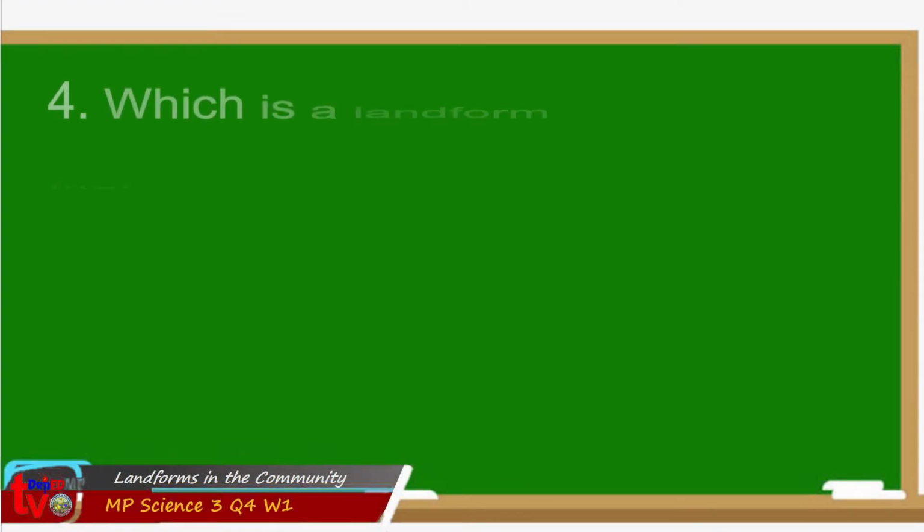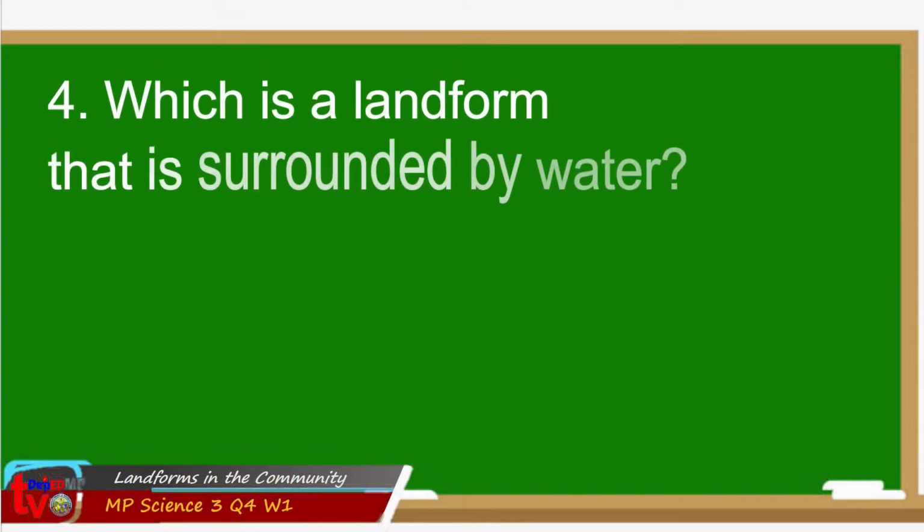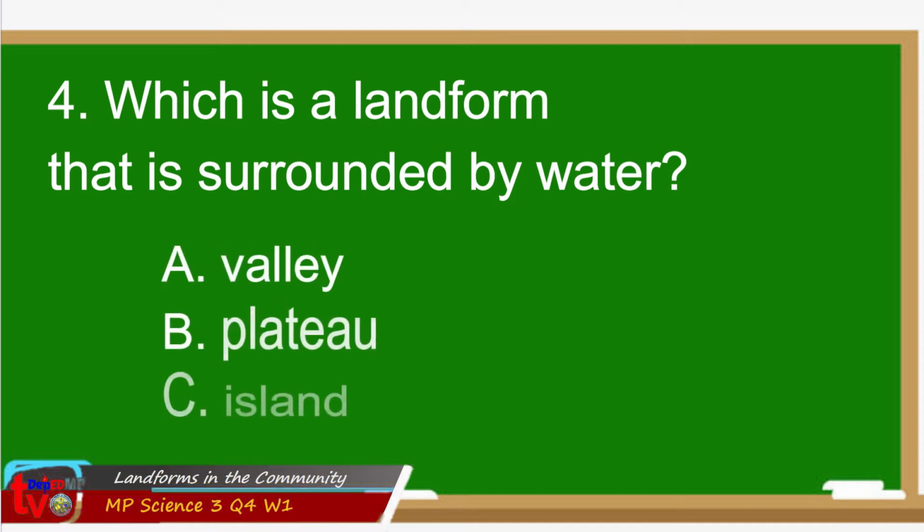Number 4. Which is a landform that is surrounded by water? Letter A, valley. Letter B, plateau. Letter C, island.